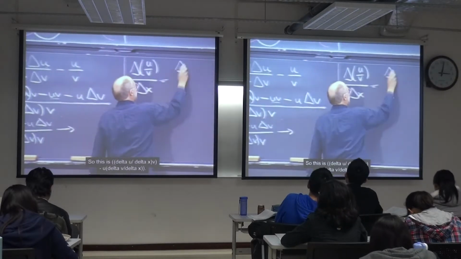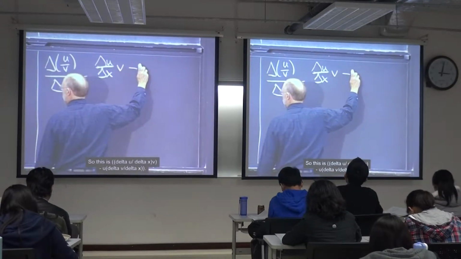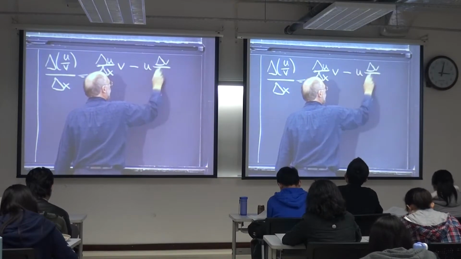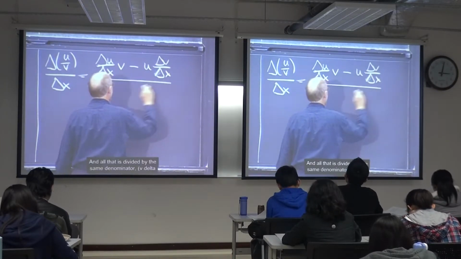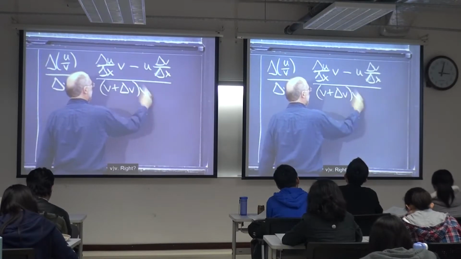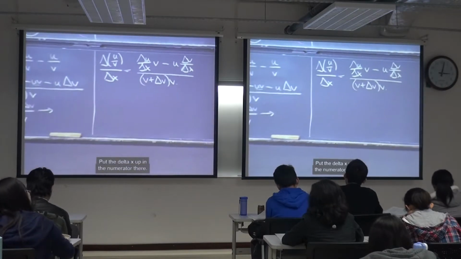So this is delta u over delta x times v minus u times delta v over delta x, and all that is divided by the same denominator, v plus delta v times v. Right? Put the delta x up in the numerator there.